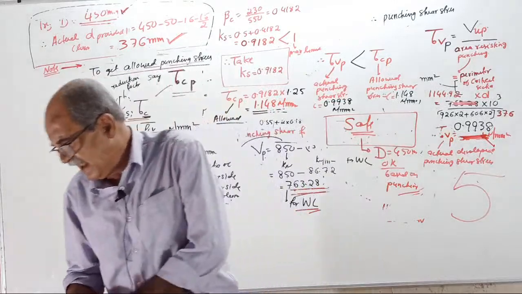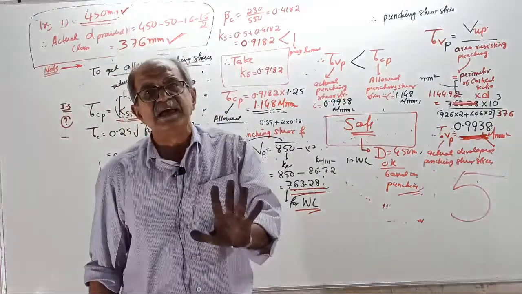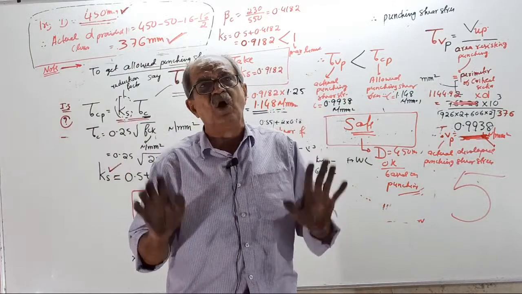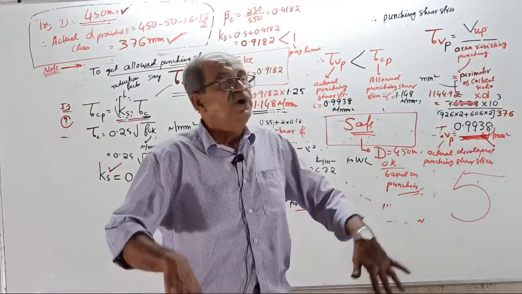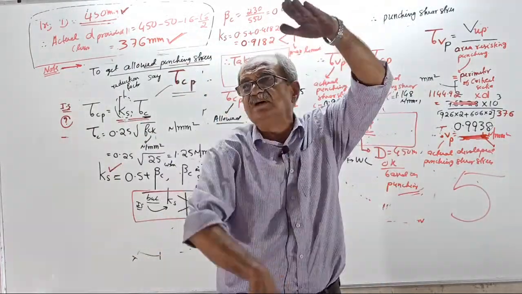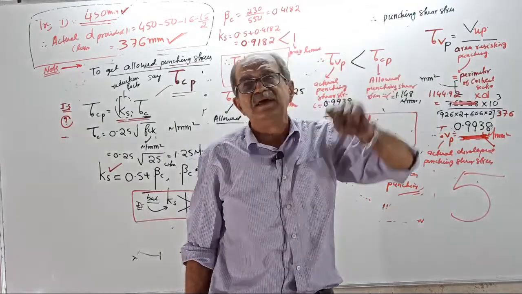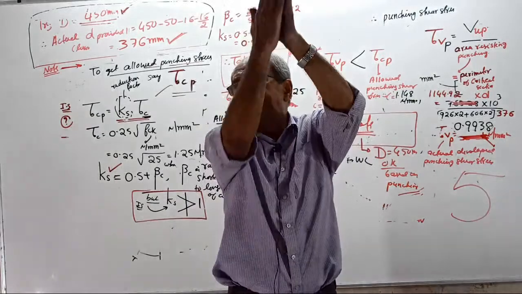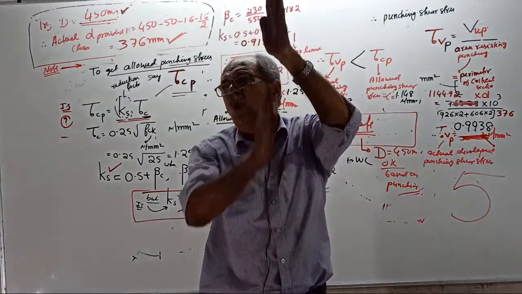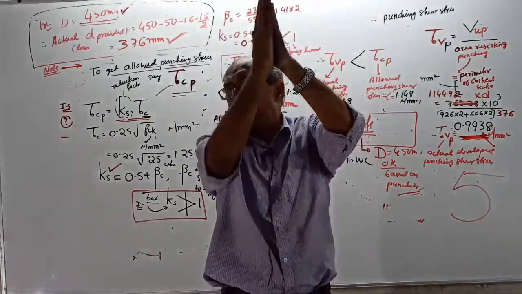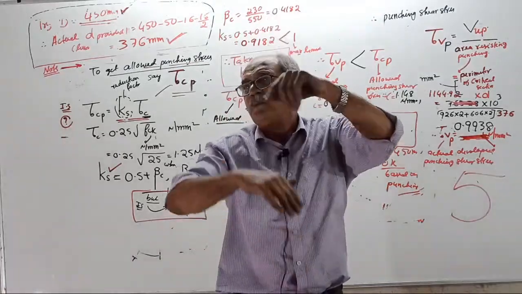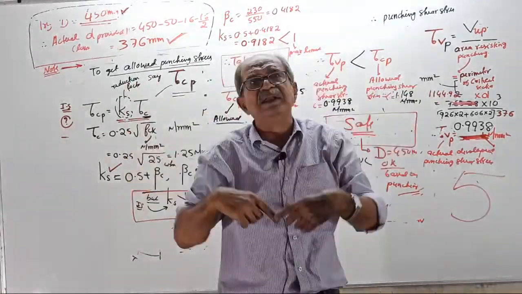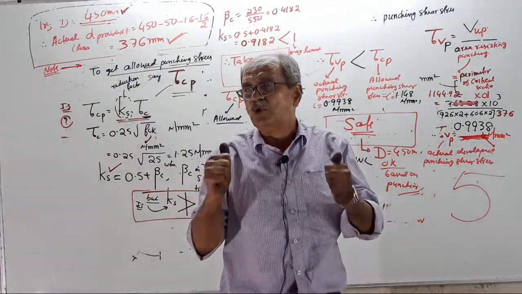Once I finish explaining, tell me clear or not. If you increase the depth, multiple benefit. Benefit number 1, depth of slab is becoming more. By virtue of that, the area resisting punching will be more. Good.